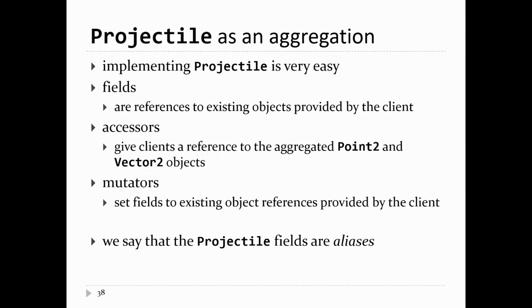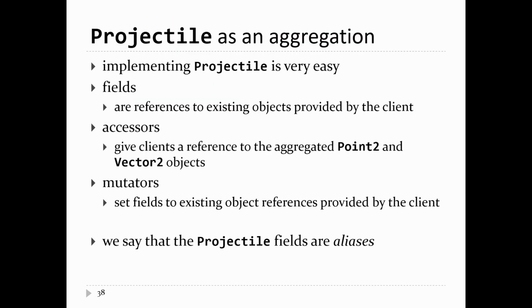So in other words, the fields are just references to existing objects that somebody else might also know. So our fields are what are called aliases. It's just a different name for an existing object. There's no new object owned by the projectile.